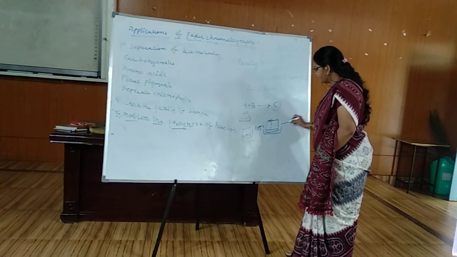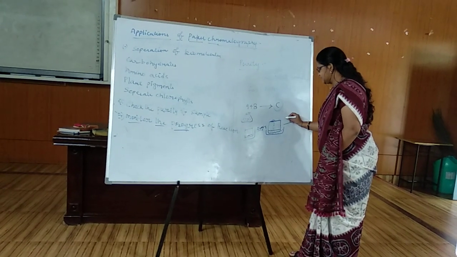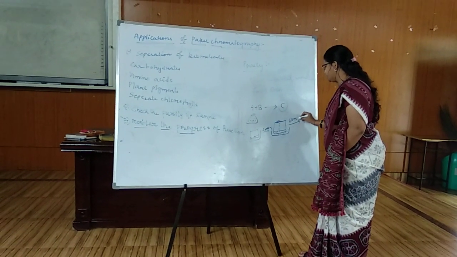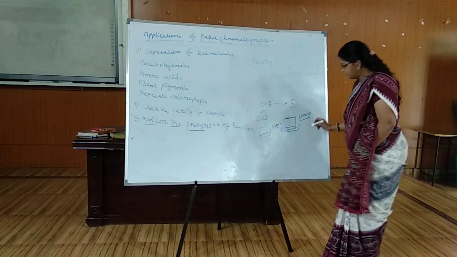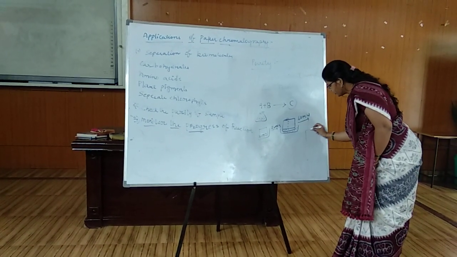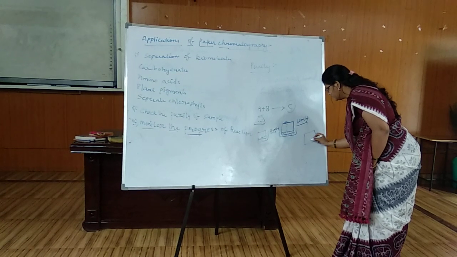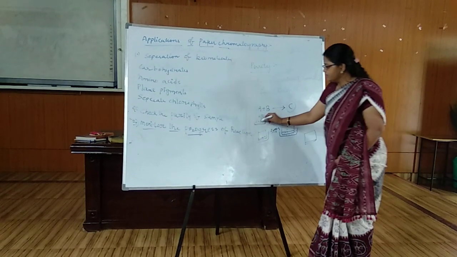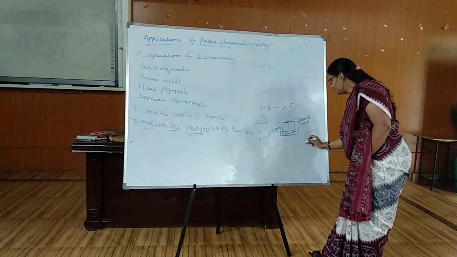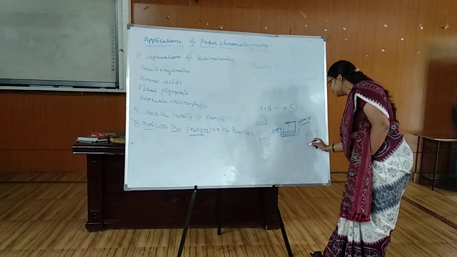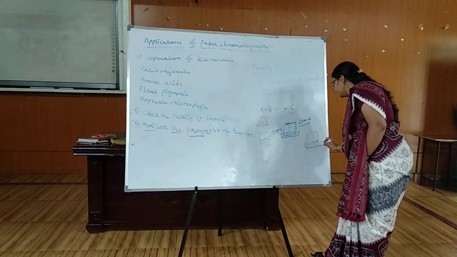Now after some 60 minutes, I have given it ample time. Then I have done my paper chromatography on it. I have taken the sample from here after 1 hour. I have put my sample over here with the help of a capillary tube.